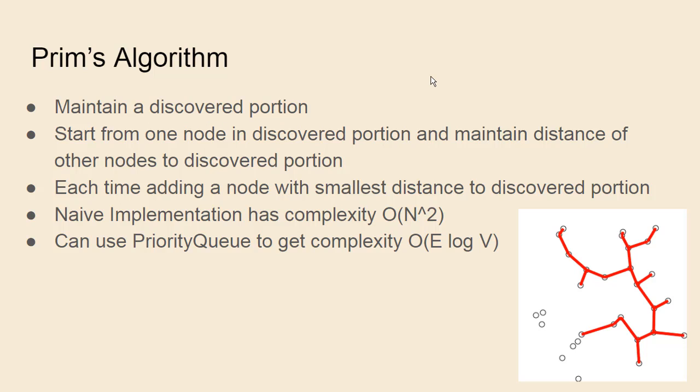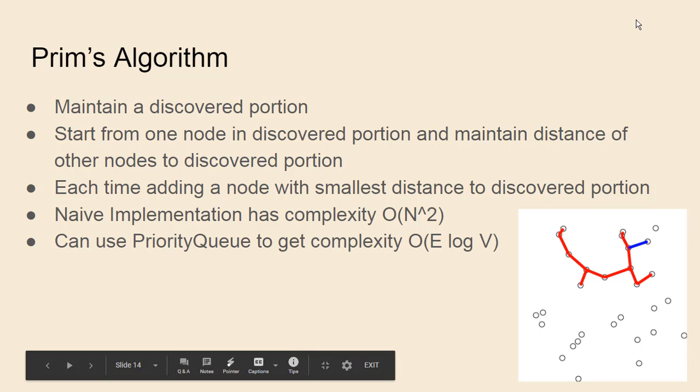We can pick an arbitrary node to start, because that node has to be connected to the minimum spanning tree anyway. We start from that, and then we maintain the distance of every other node to the discovered portion. Initially, all the other nodes have infinity distance.